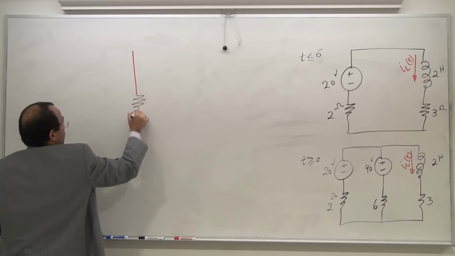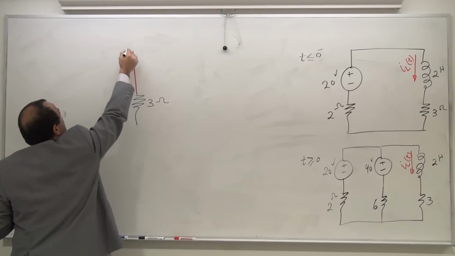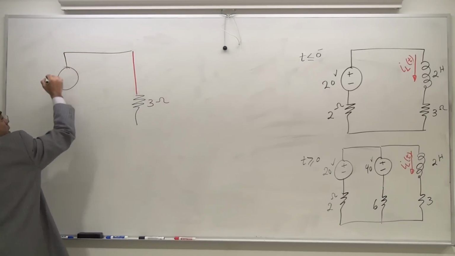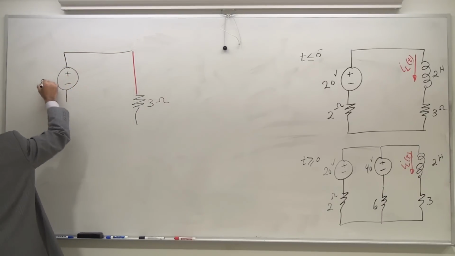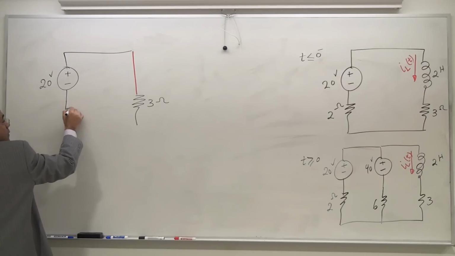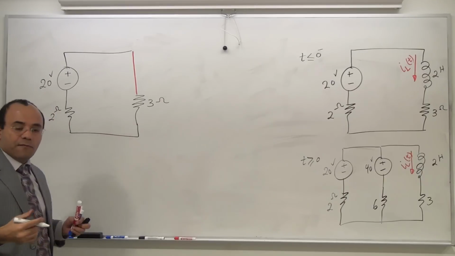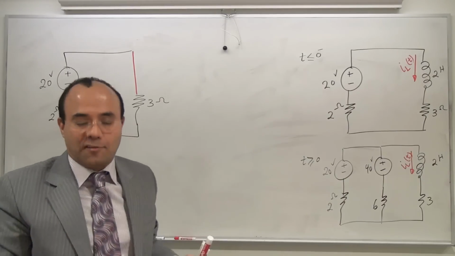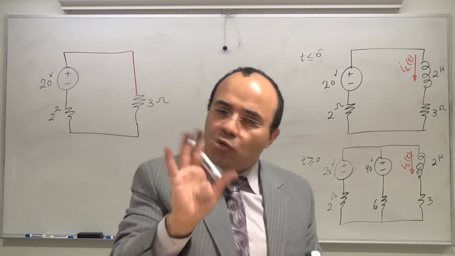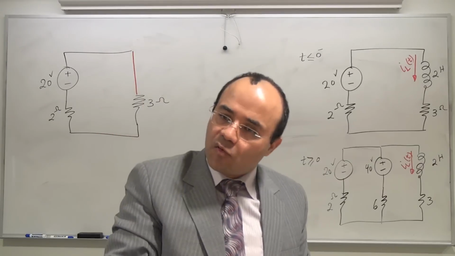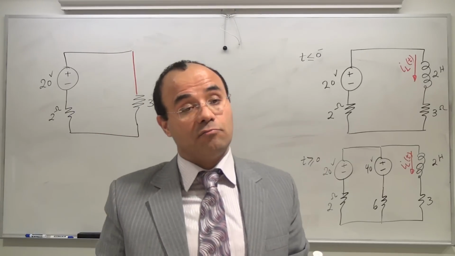Then it's going to be 3 ohm, then plus-minus 20 volts, 2 ohm. You need to know which short comes from what. Please don't confuse. When I shut a voltage source down to 0, that's a short.